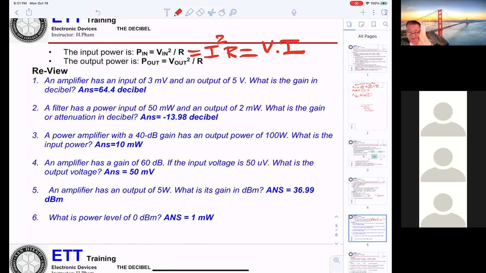So in order to calculate the dB in the power, okay, you can use 10 log times P out over P in.